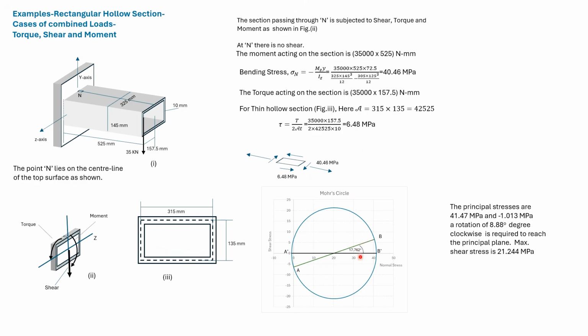So we get the principal stresses acting. Principal stresses are given here. You can find the maximum and minimum shear stress from the Mohr's circle. If we rotate by 8.88 degrees in the clockwise direction, then the element will only be subjected to principal stress.